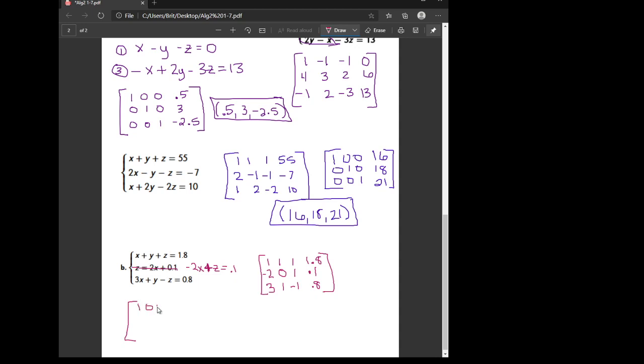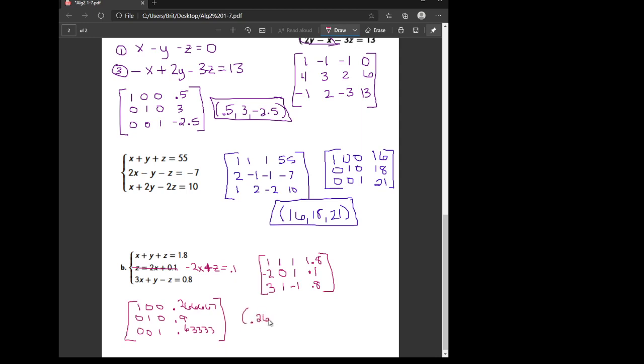Okay, you still have your reduced row echelon form on the left, but then my matrix came out with 2.6666667, 0.9 and 0.6. So sometimes the answers are absolutely hideous that can come out of here.